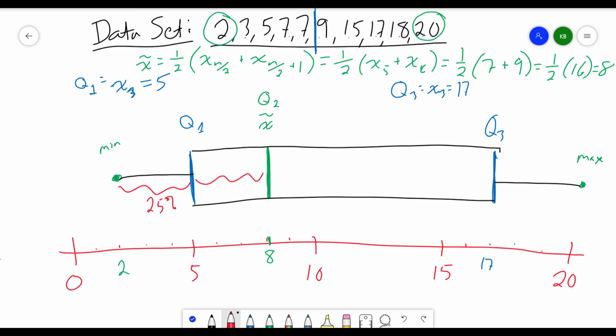Another 25% falls within the first half of my box, and another 25% of my data falls in the second half of my box. And another 25% falls in the part between quartile 3 and the max. So we have 4 quarters that these quartiles break our data into. So it's a super useful plot.